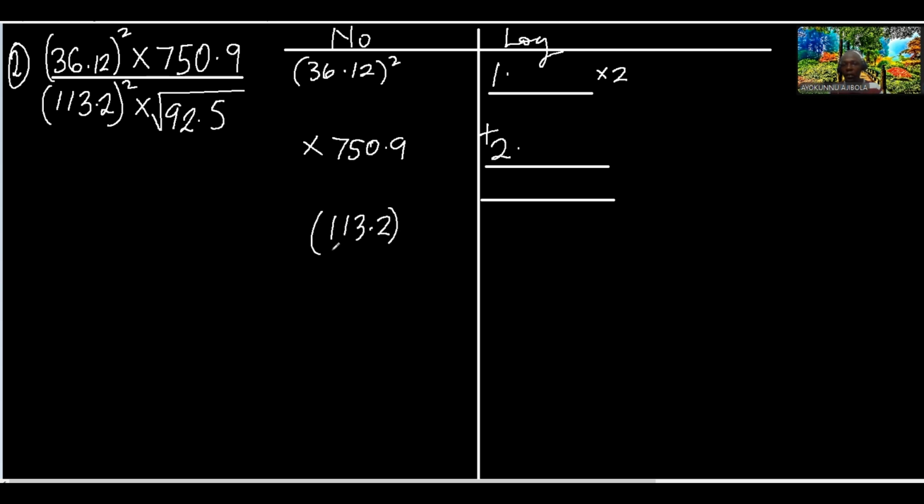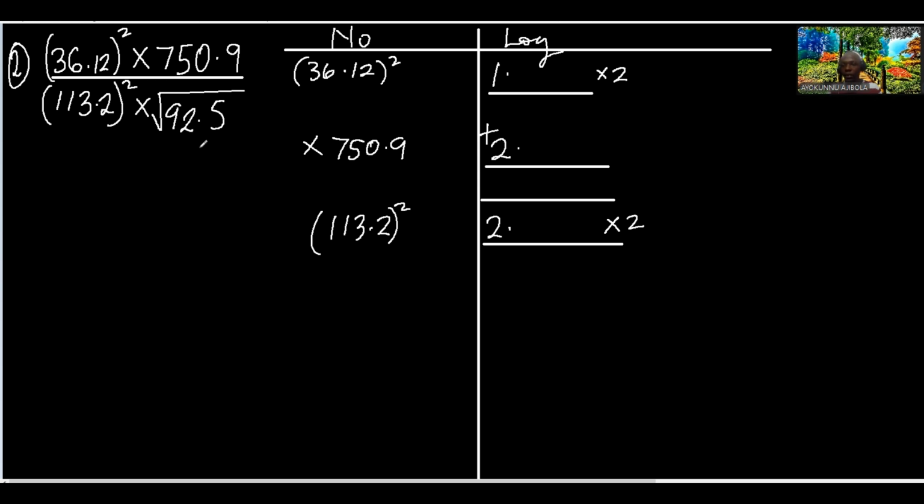Then it's going to have a square. That means whatever I get here, I'm multiplying by 2. And the characteristic is 2 also, so there will be 2 here. The logarithm value is coming here. Whatever I multiply by 2 can be written under this place. There will be a result under.